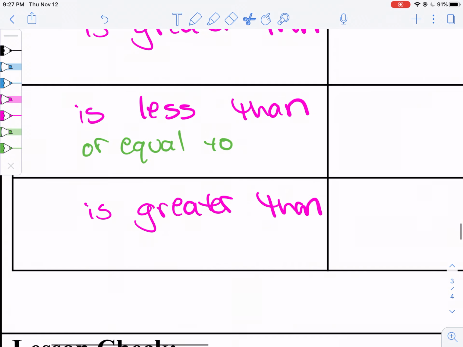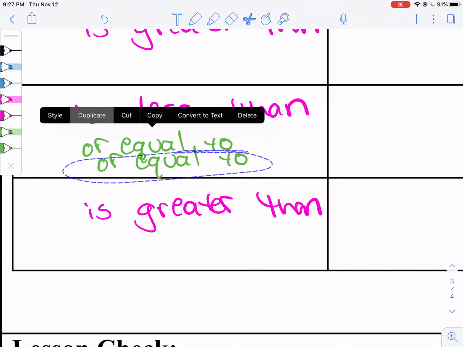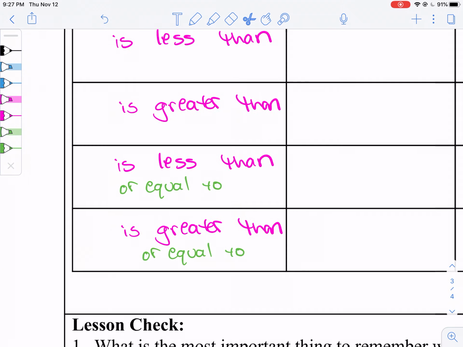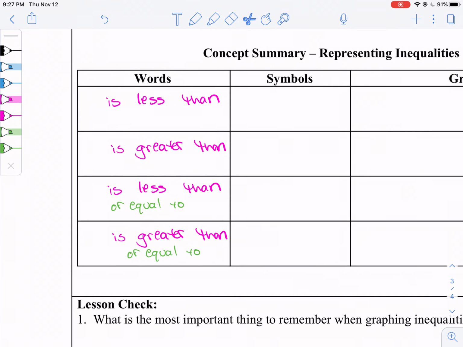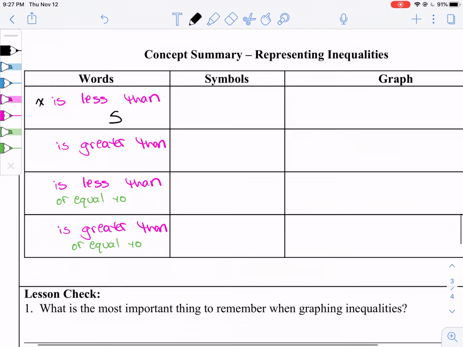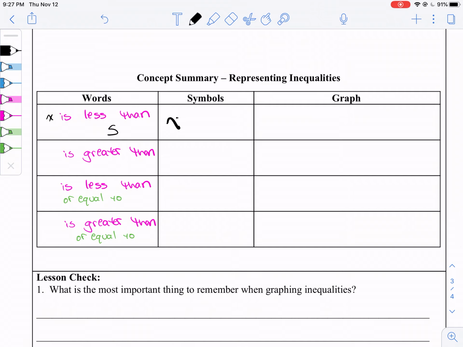And we talked about is greater than or equal to. And here's your summary of the day. If you have, for example, x is less than 5, then that's going to look like x is less than 5. Like that.